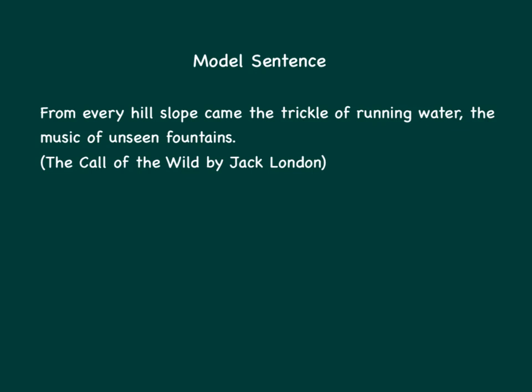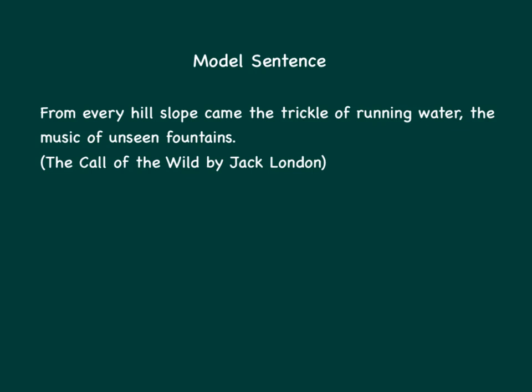The first step in imitating the sentence is breaking the sentence down into parts. The best way to do this is to read the sentence aloud in your head or out loud and find where there are natural pauses.